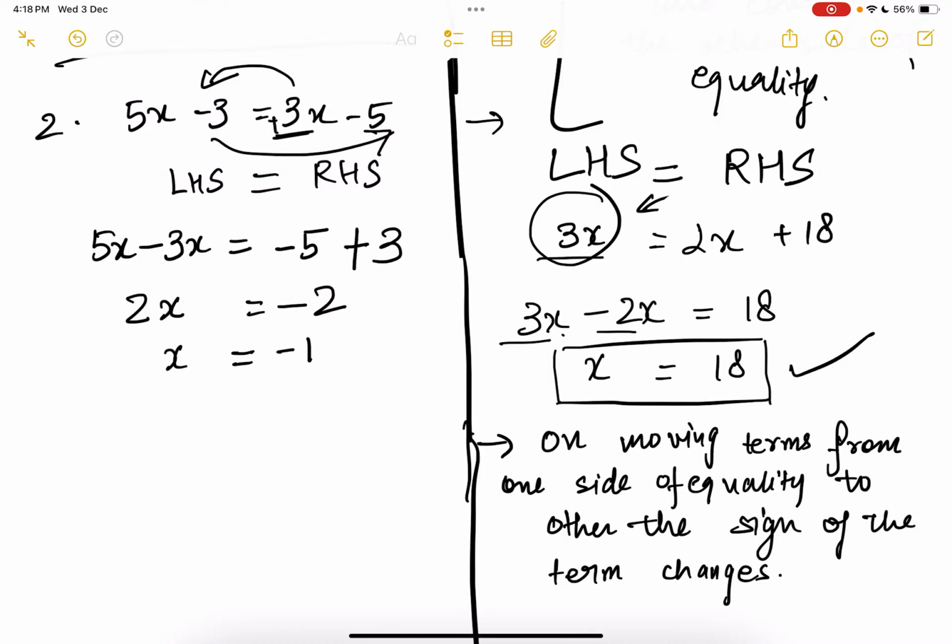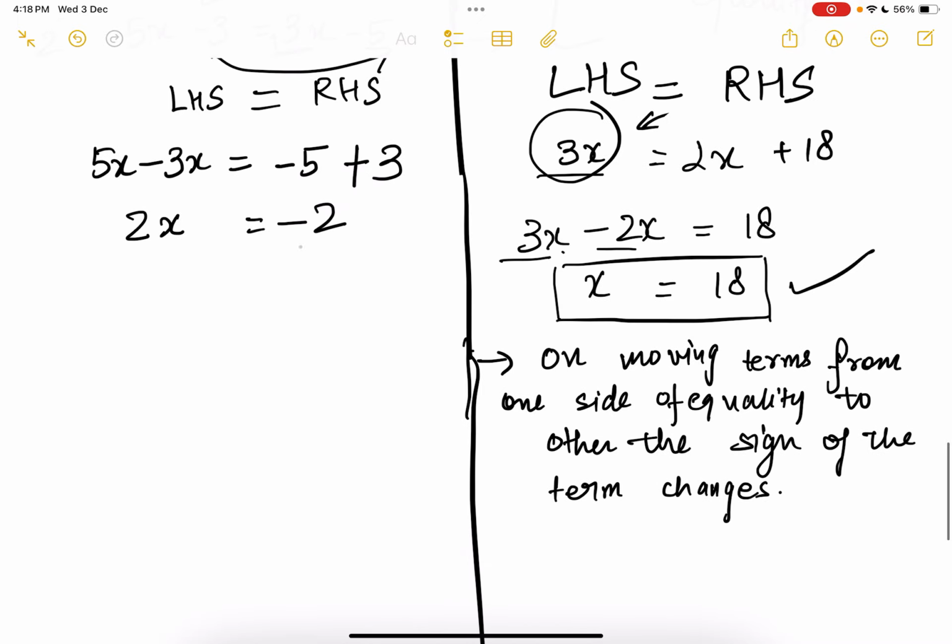And then, sorry, I did it right now. You want the value of x. Okay, so now you are having the value of 2x. You want x. So what will you do? You will divide it by 2. You need to divide this by 2. So you divide this by 2. If you are dividing it on the left hand side, you have to do it on the right hand side also.